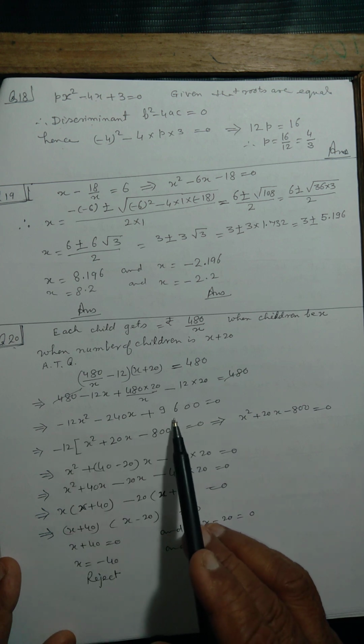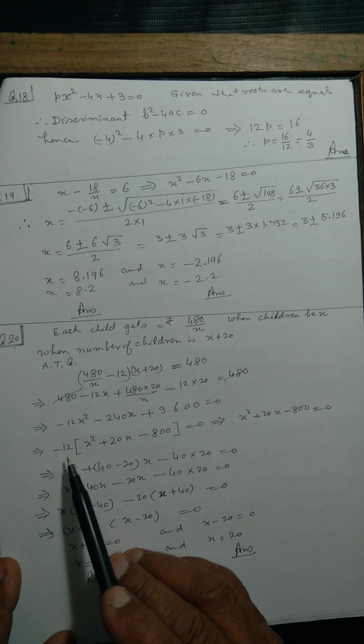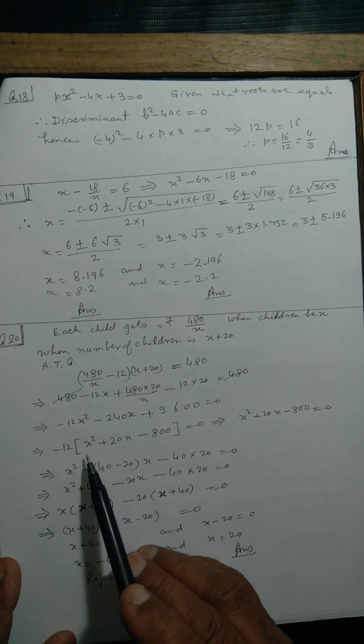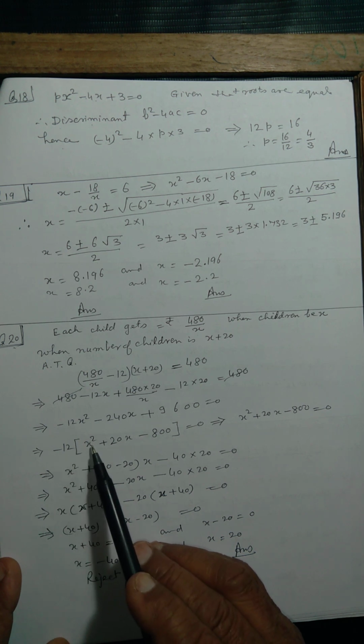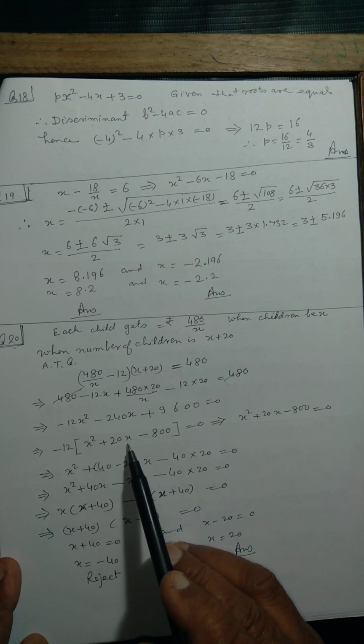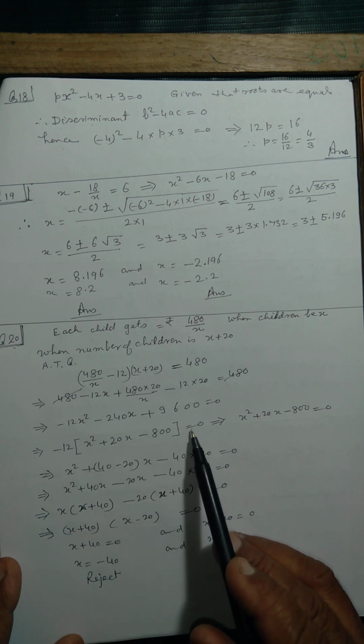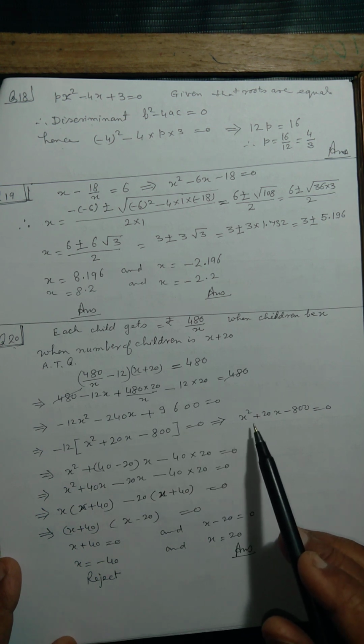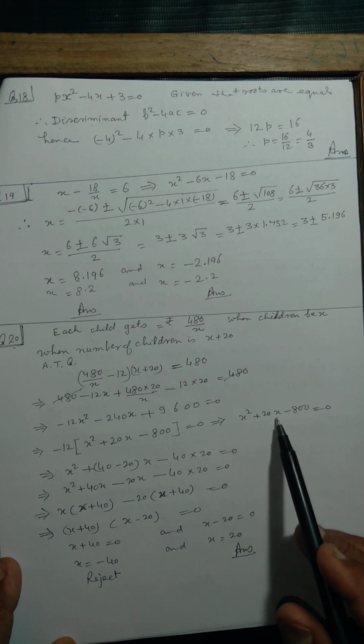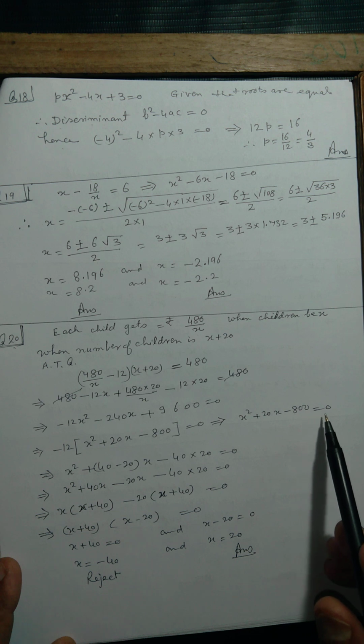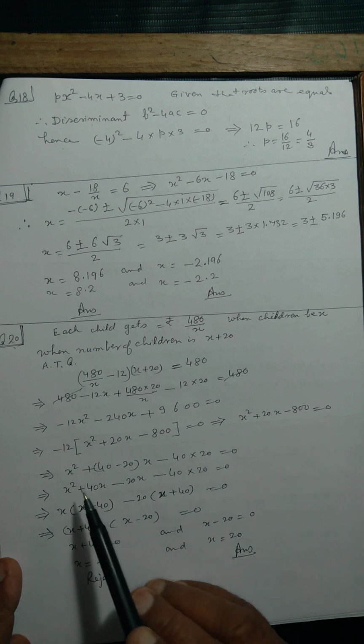You take out 12 common, minus 12 outside. So we are left with x square plus 20x minus 800 equal to 0. Ultimately this equation will be like this, x square plus 20x minus 800 is equal to 0.